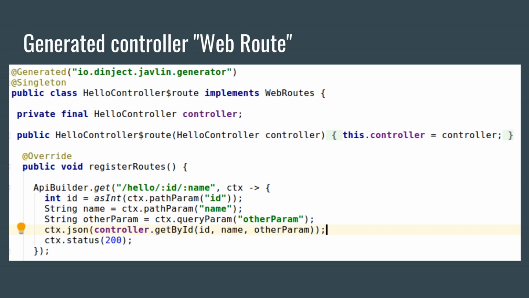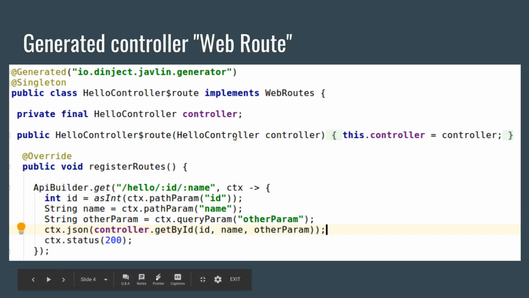This is code for the Javalin API builder, registering a path with path parameters. The path parameters will be read and type converted, and then ultimately we call the controller method here.